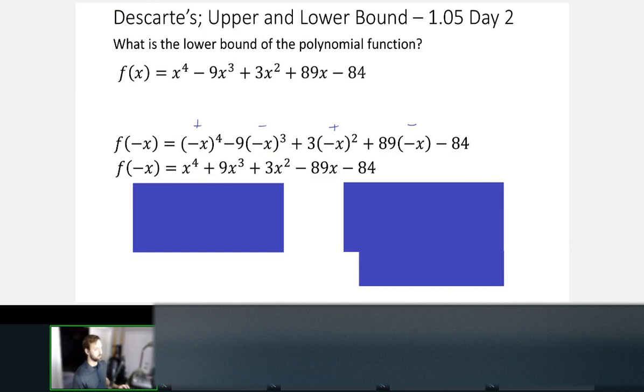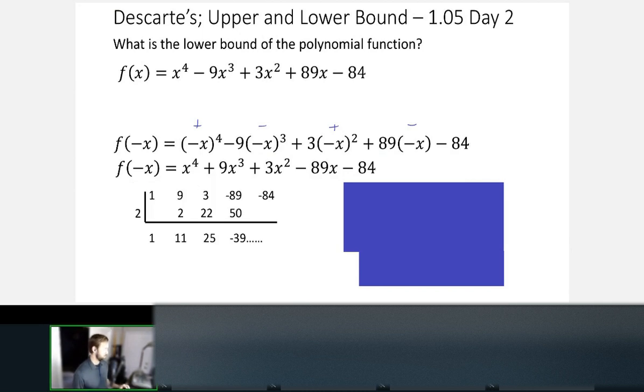And then you have to do synthetic division, just like Rachel says. We need to test starting at 1. So we start at 1, then go to 2, then 3, and so on. I didn't show the work for 1. I didn't have enough room on my screen, but I started at 2 to do synthetic division with what we have here.